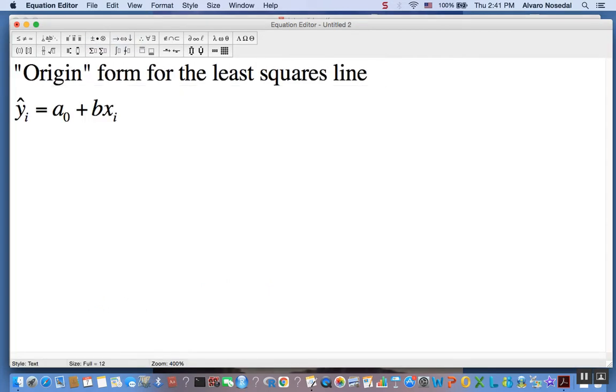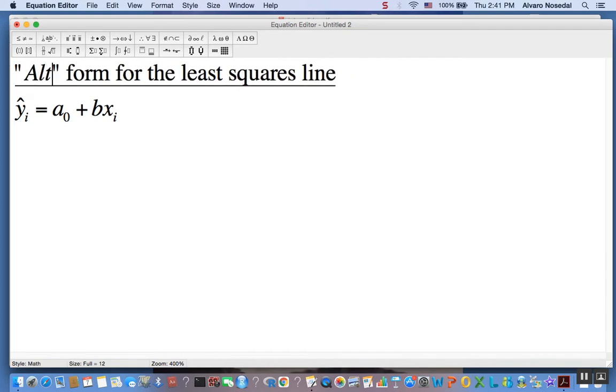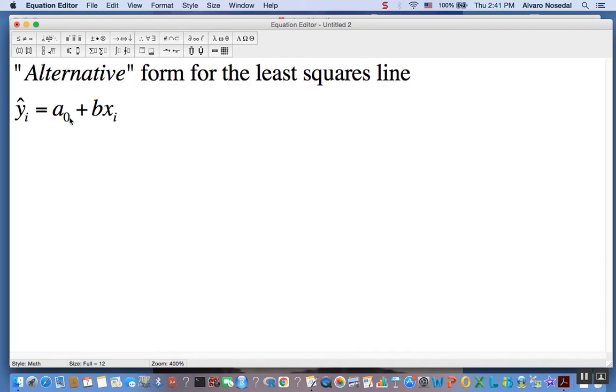Let me just write it down like a capital A and a capital B. The difference between the original and the alternative is that before we find A and B, we're going to be centering the x's with respect to x bar, their sample mean.